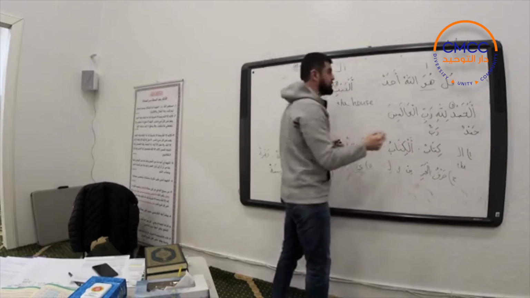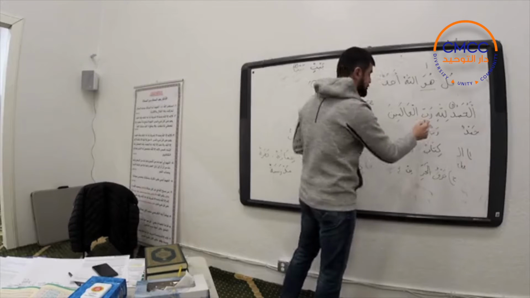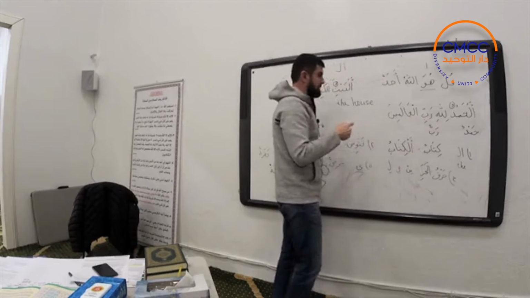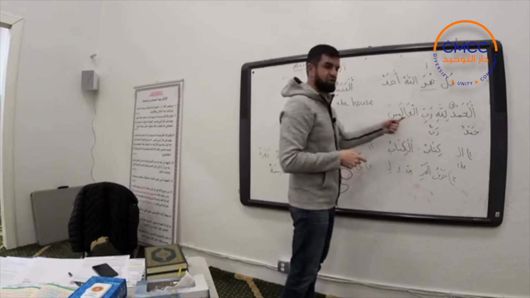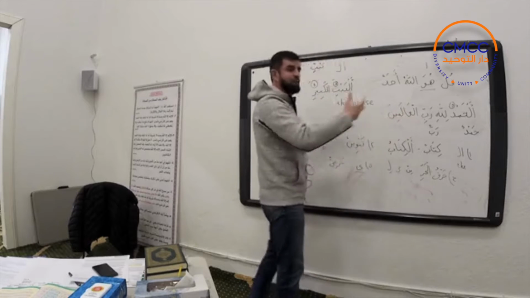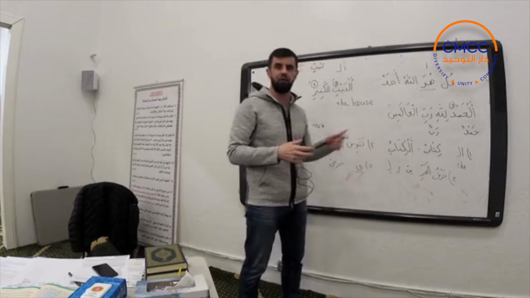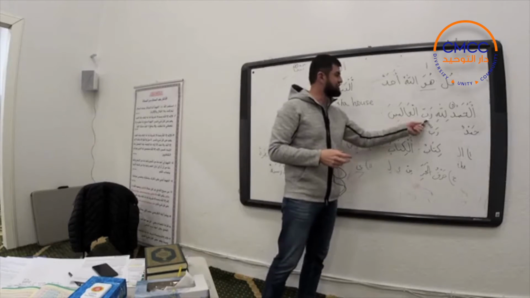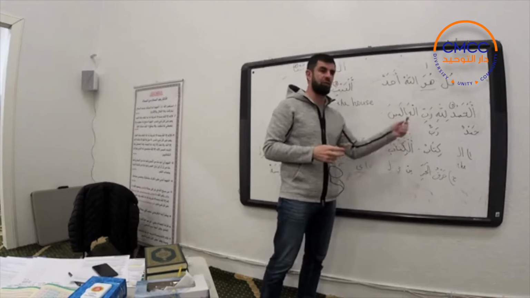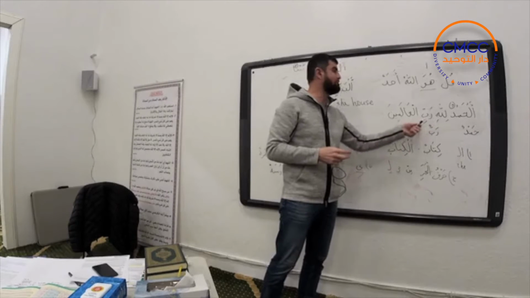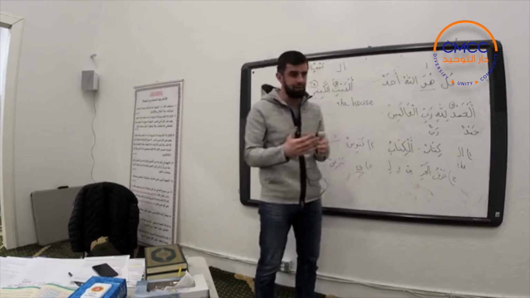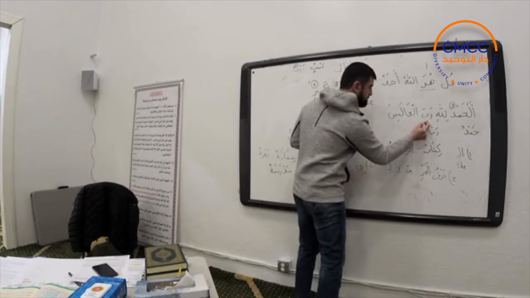It should have tanween. But in this position, and I'll explain it later, because it's called idafa construction in the Arabic language, right now it just became kasra. It's not tanween, okay? It's not rabbin. Normally, it should be rabbin, like this.